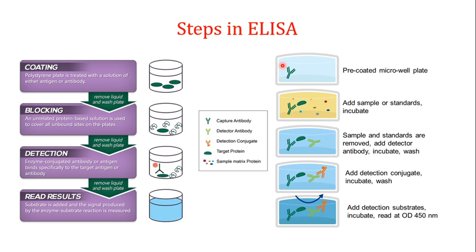So the first step will be the attachment of the capture antibody. This one is the capture antibody that is going to attach to the surface of the microtiter plate. If you're talking about the direct detection, you will not be using this capture antibody. So the first thing is you will be adding your capture antibody over here in case of the indirect attachment.